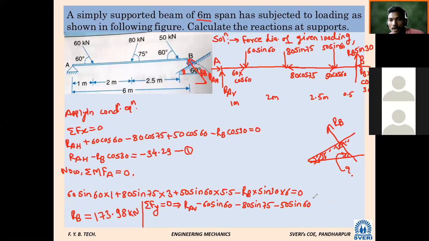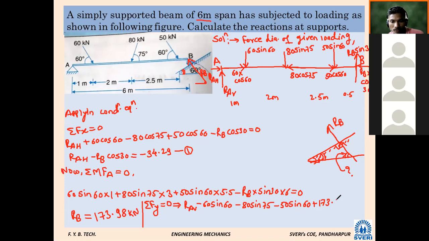Then RB value is known to us, RB sin 30. RB is 173.98, positive. Into sin 30, equal to 0. From this you will get the value of RAV. Carefully calculate this value now.